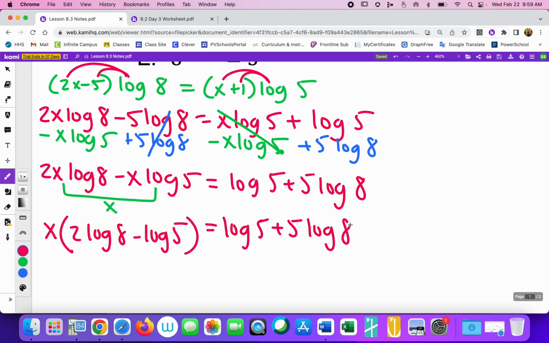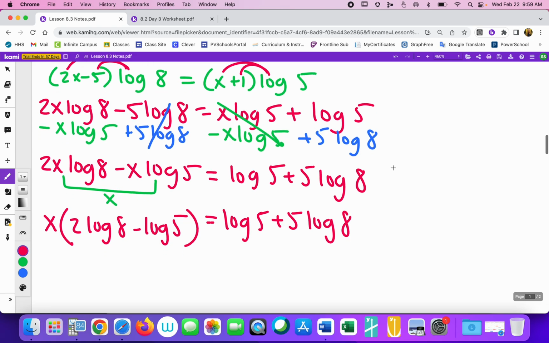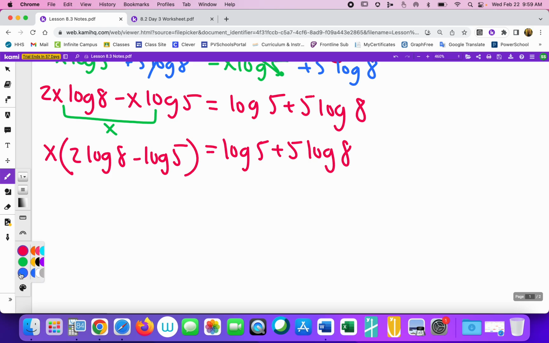So again, just reviewing what we've done up to this point, we distributed into the parentheses. We moved the x terms to one side, the non-x terms to the other, factored out an x. Now we're where we were on the problem above this. How do you get x by itself now? Since it's x times all of this, you're going to divide. Okay.